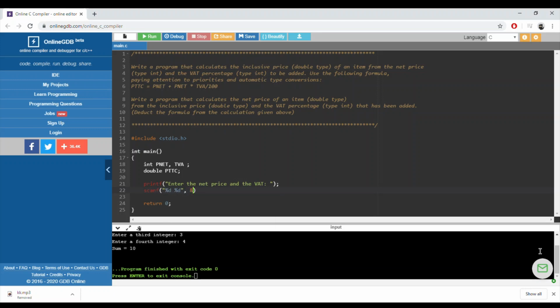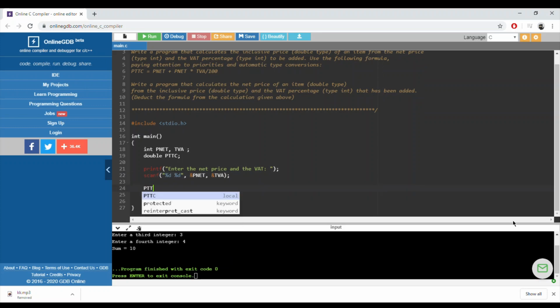The first one is for the net price and the second one for the VAT. So the user will enter two integers, and then we will calculate the total price. So it will be equal to pnet plus pnet multiplied by TVA, VAT, over 100.